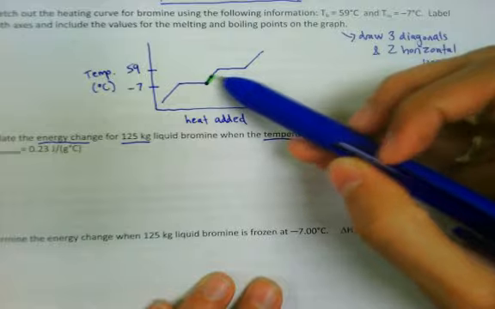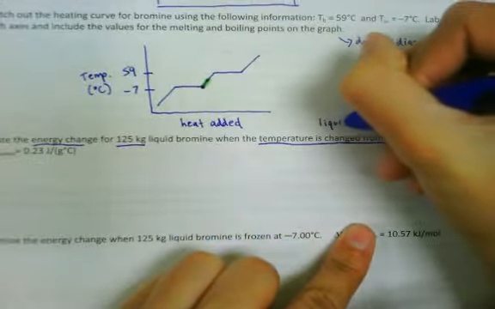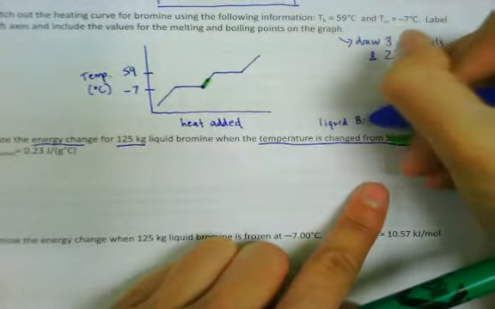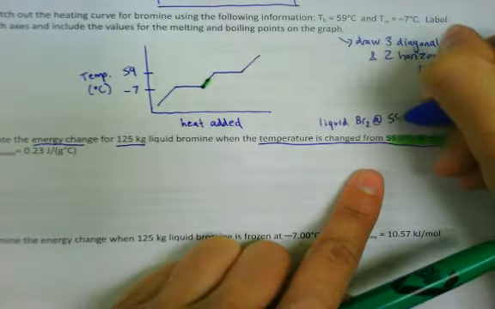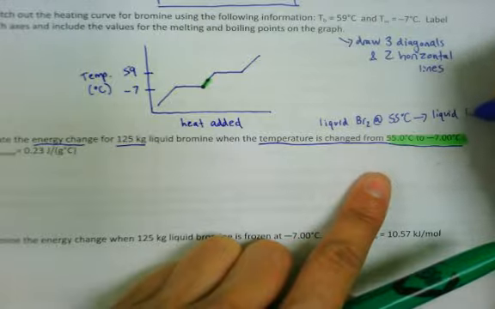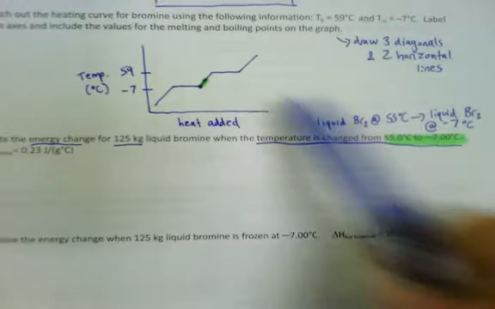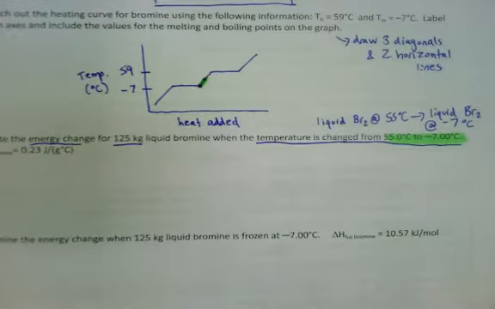So we're going to calculate the heat change from liquid bromine at 55 degrees Celsius to liquid bromine at -7 degrees Celsius. That's what we're looking at here, this little piece, if you want to see that visually.